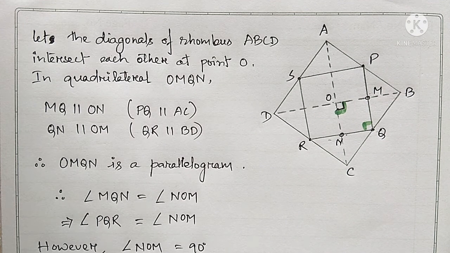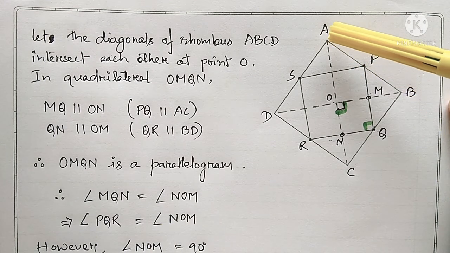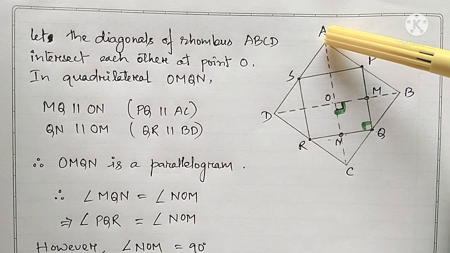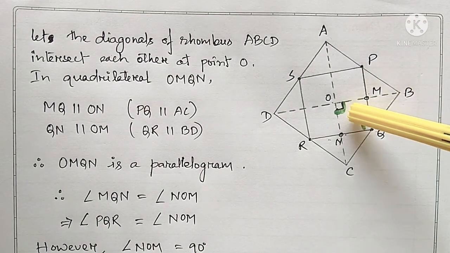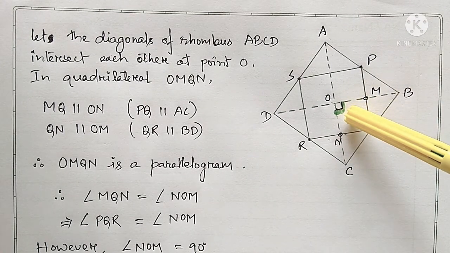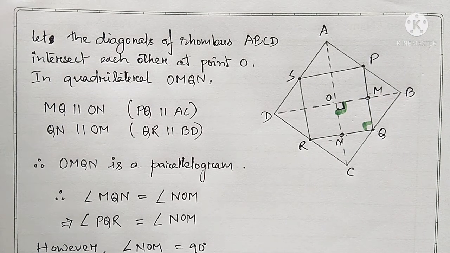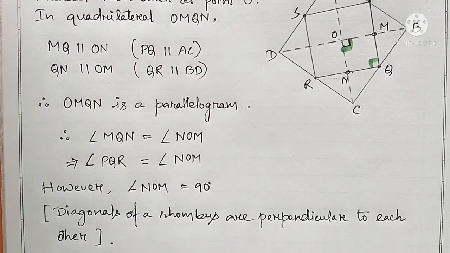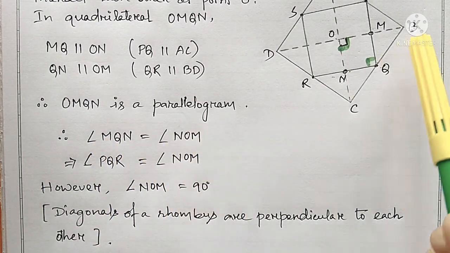Now one more thing here. In a rhombus, when the diagonals intersect, the angle produced is always 90 degrees. We know this, isn't it? So that's why, if you see, angle MQN is equal to NOM, already proved.